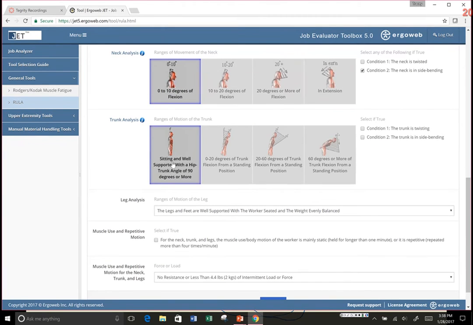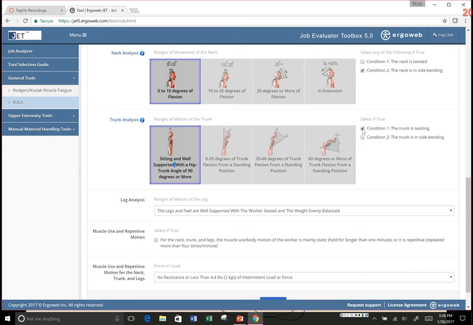The trunk, so the back and trunk. Is he sitting and well supported? You don't have much flexibility. It's either sitting or standing. If it is sitting, they say well supported, and yes, he is. But his upper back was coming off. Was it because he was twisting or side bending?